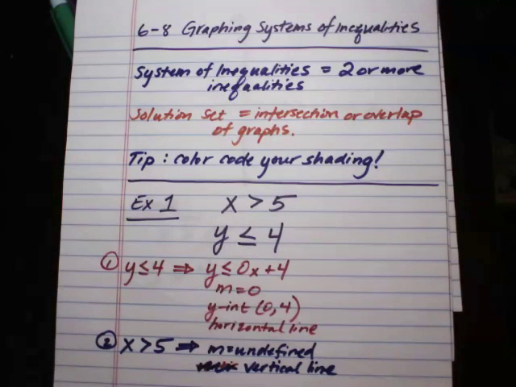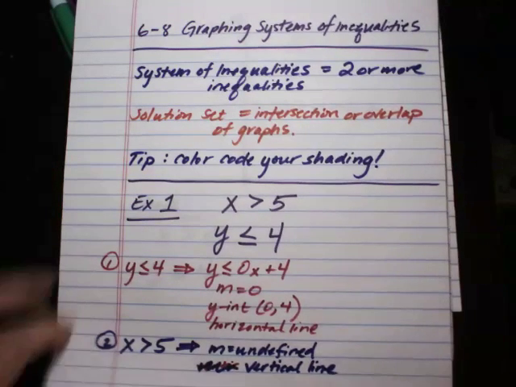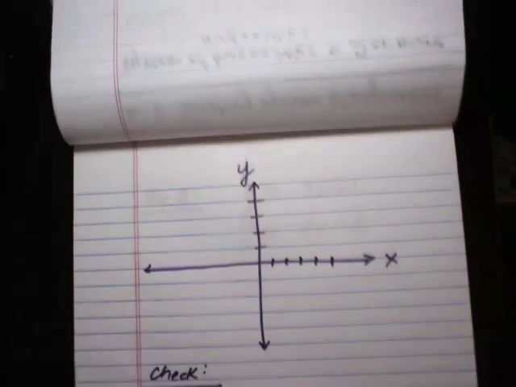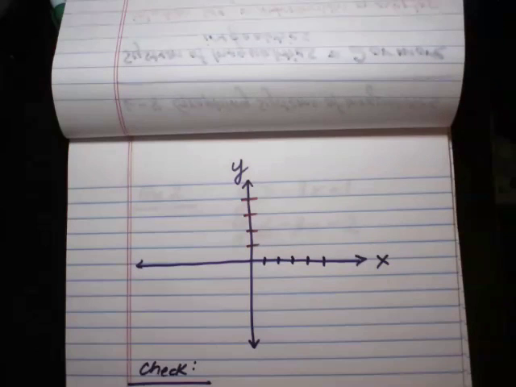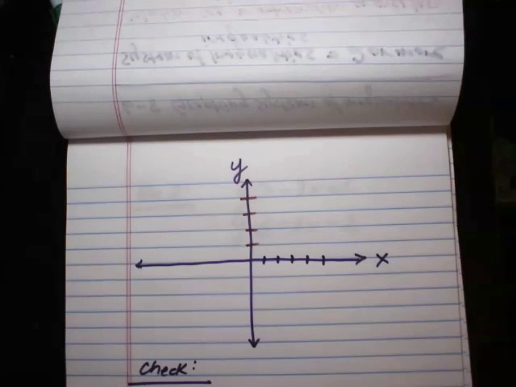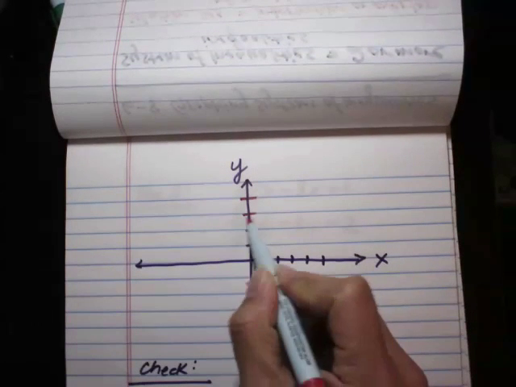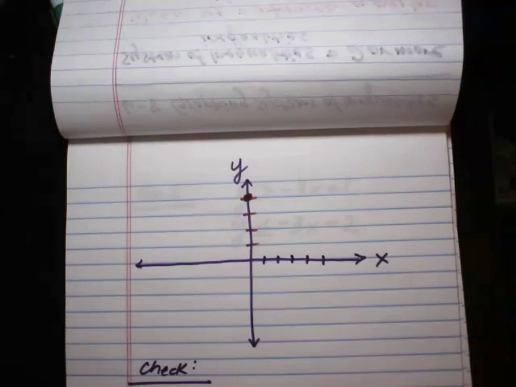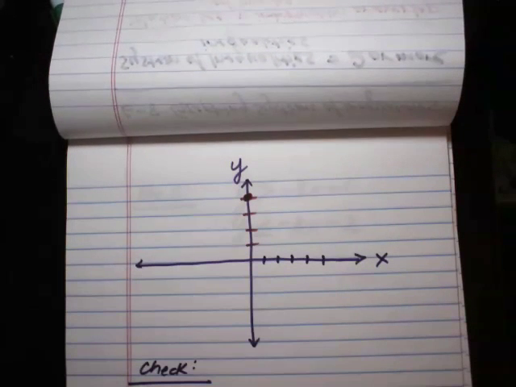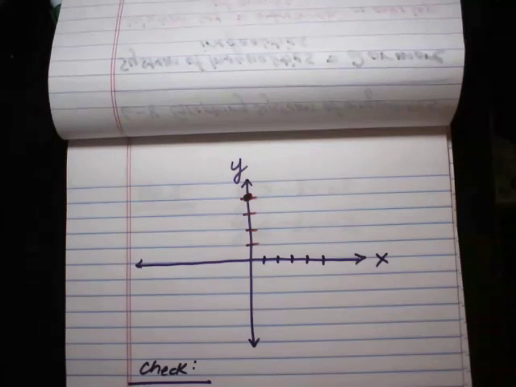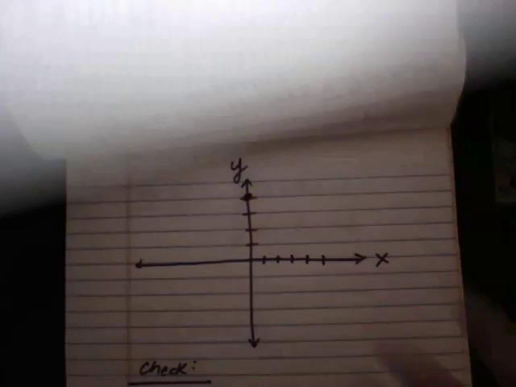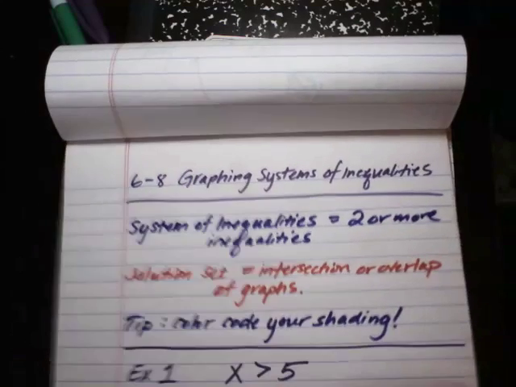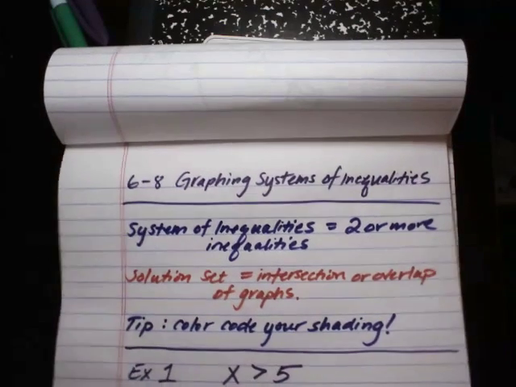Okay, so let's go to our graph and graph this information. Our y-intercept is at 0, 4. So I'm going to go 1, 2, 3, 4. There's our y-intercept, and the slope is 0, so it will be a horizontal line. Before I make a horizontal line, I'm going to double check that the boundary line is correct.